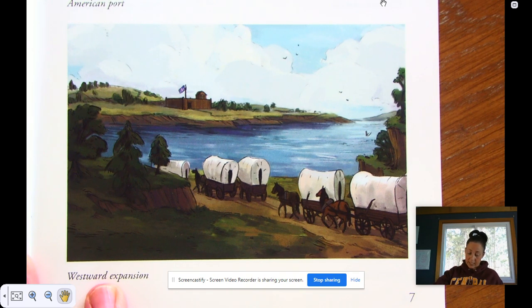They met Native Americans that were already in some of those western areas. And unfortunately, a lot of times they were removed from their hometown or their village and asked to move somewhere else. I think you probably remember talking about Indian Territory and the Trail of Tears, where the tribe in Georgia was asked to move by the president and move on a trail that was very devastating to them.